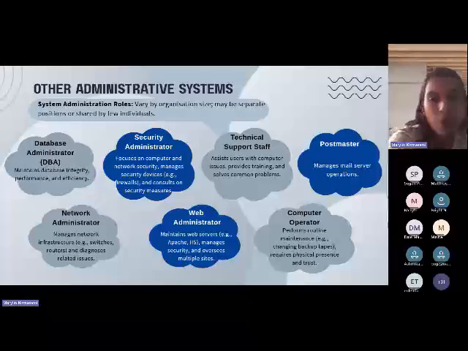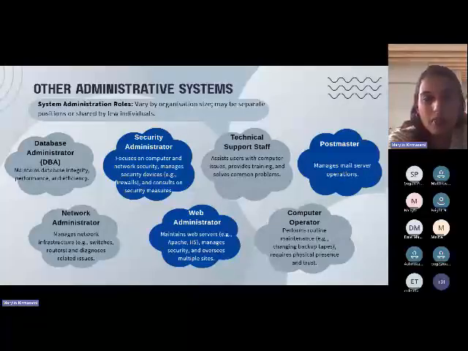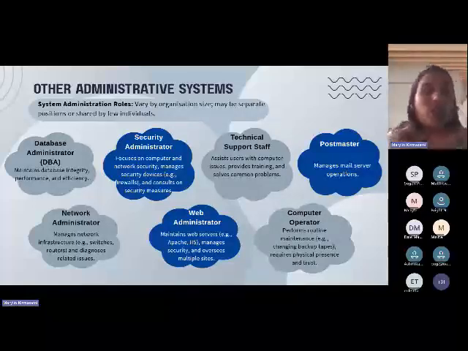A computer operator. Okay, so a computer operator handles routine maintenance and the upkeep of computer systems. They're also responsible for backing up information and making sure that any failed hardware components, like hard drives, are either replaced or fixed.